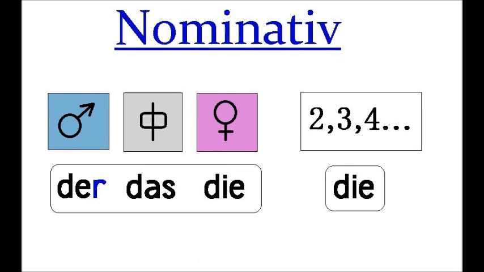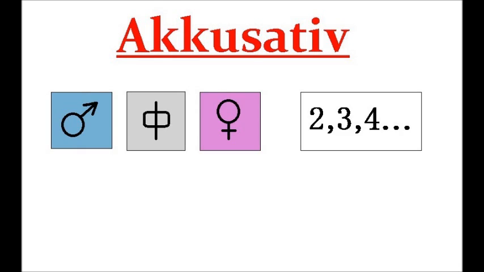The second most important case is the object case, which makes a noun an object. It is called accusative. The only difference between nominative and accusative is the male article. It is den.